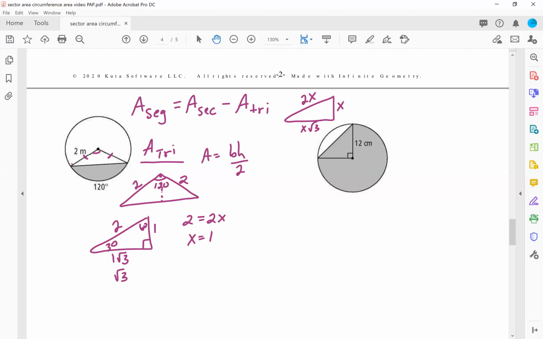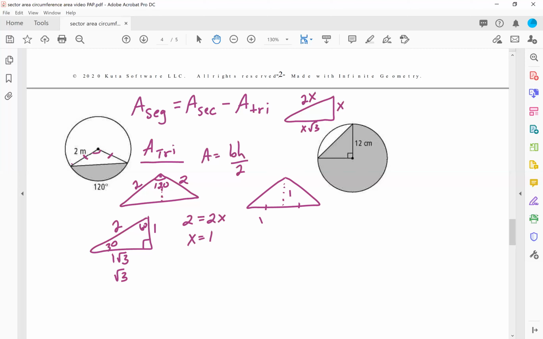But here's the thing, guys. This 30, 60, 90 is only half of this triangle, okay? So what we want to do is go back here and label this. And I'm going to redraw it here for us, okay? We've just figured out the height of this triangle is 1. And then now we have these two pieces right here that are both congruent to each other.